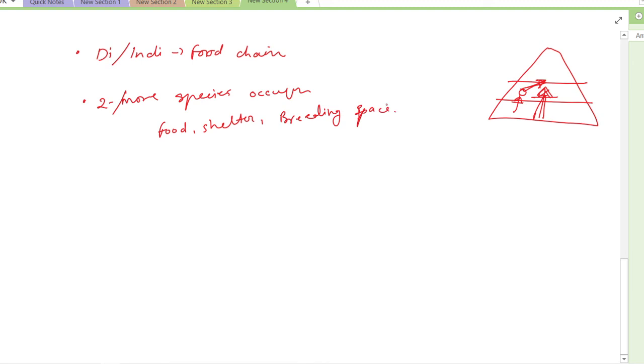In this competition, the species which is more competitive will get success. Due to this, in every ecological niche, only one type of species can survive.